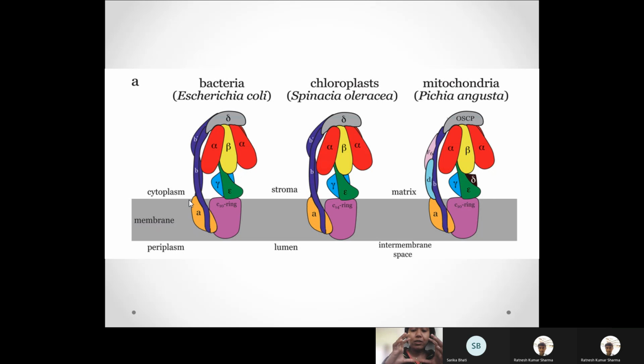For the rotor, we know a few key residues that are important, just like in flagella, जहाँ पे हमने देखा था, some residues, if you mutate, then the flagellar rotation is disturbed. Here too, we know that there are some key residues that help in this, but we do not know the exact path that it takes. We do know some key residues.